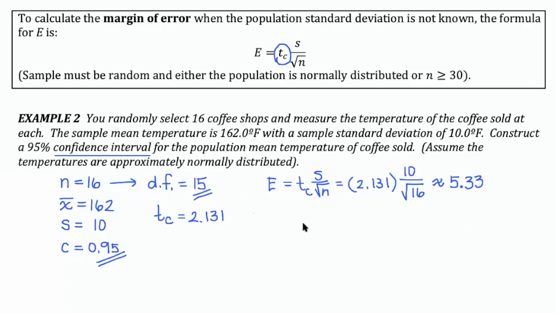And once you know that, you're going to use the same formula you're familiar with to establish the confidence interval. Namely, the sample mean minus the error will be less than the population mean, which is less than the sample mean plus the margin of error. So we were told the sample mean is 162.